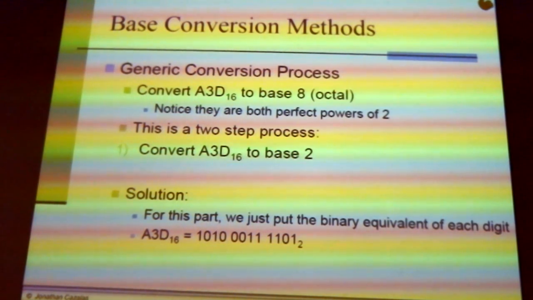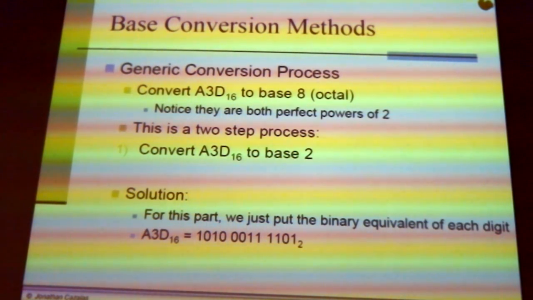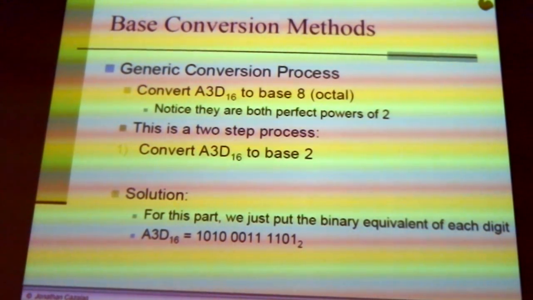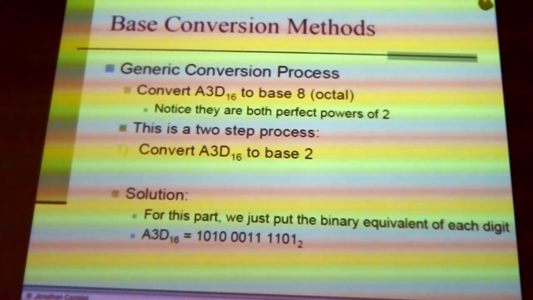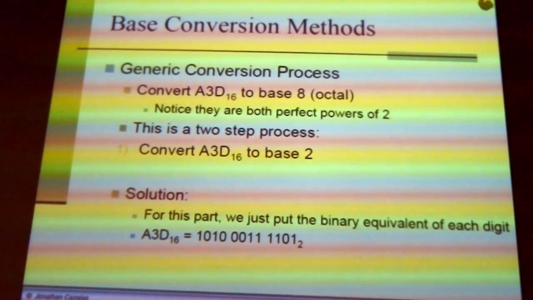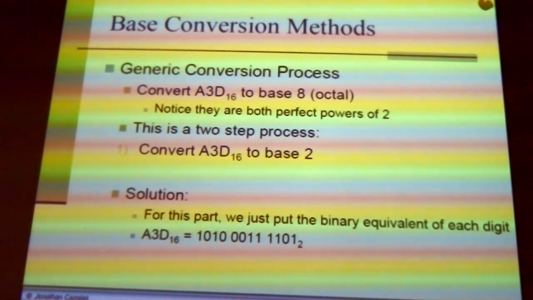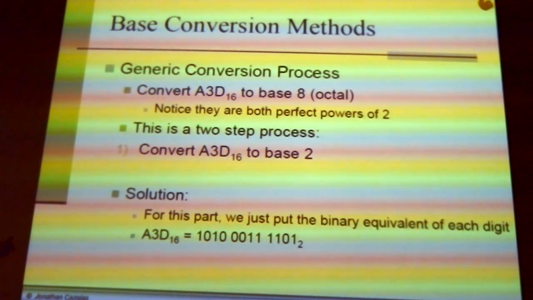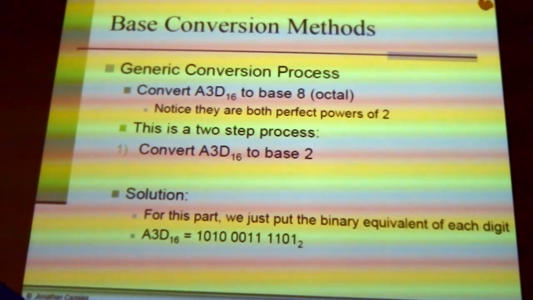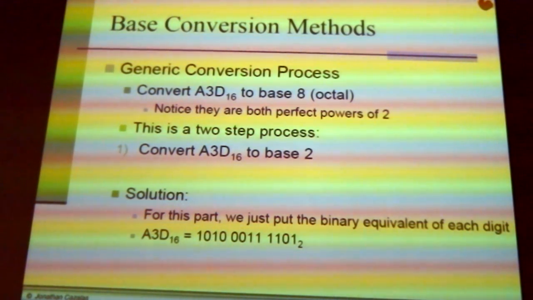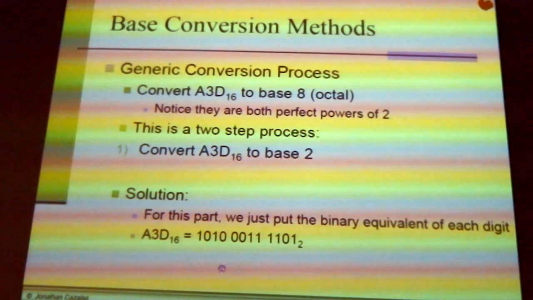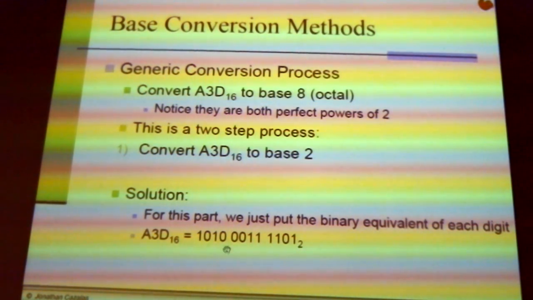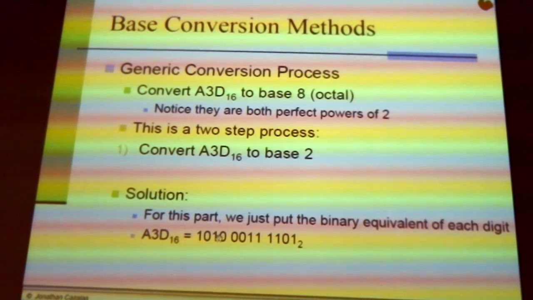Here is an example of converting from base 16 to base 2, because 16 and 8 are both perfect powers of 2. Instead of using base 10 as our intermediate step, we use base 2. We take the base 2 from our A3D, and we come up with the binary representation of A3D right here.